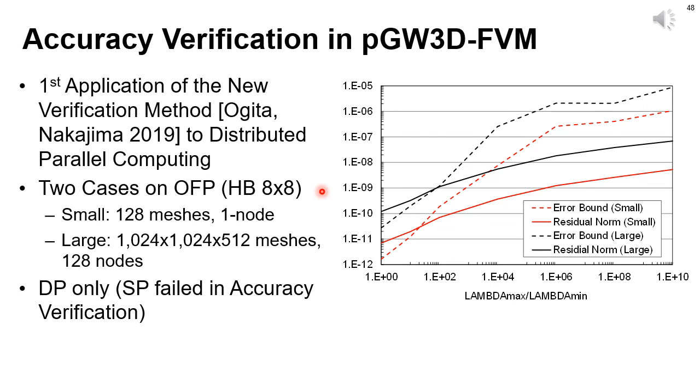The minimum and maximum values of water conductivity lambda are 10 to the power of -5 and 10 to the power of 5, respectively, with an average value of 1.0. In the accuracy verification of this part, several combinations were evaluated. This figure shows the relative error bound and residual norm for both small and large cases. Generally, the difference between the error bound and residual norm gets larger as the lambda max lambda minimum ratio becomes larger.